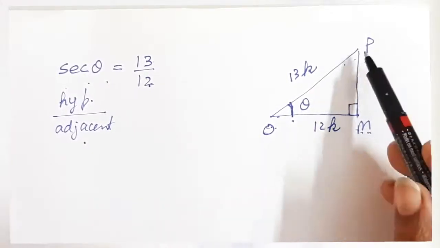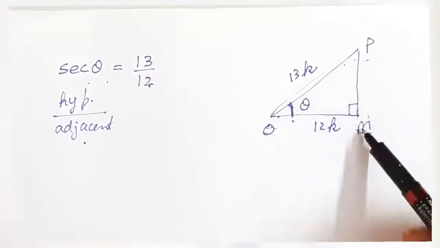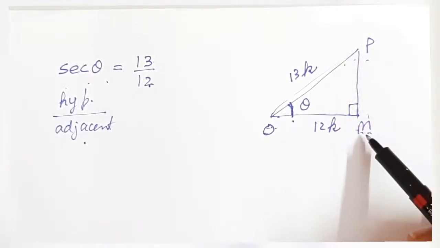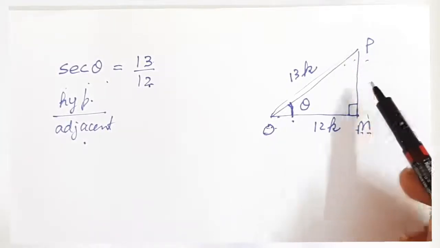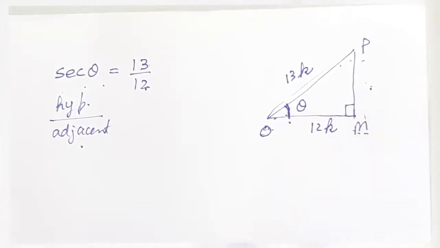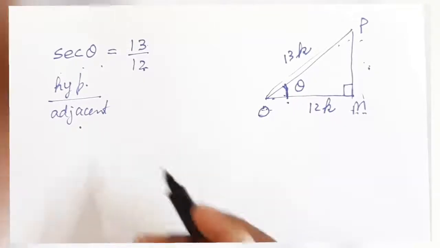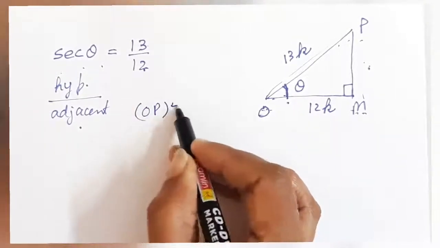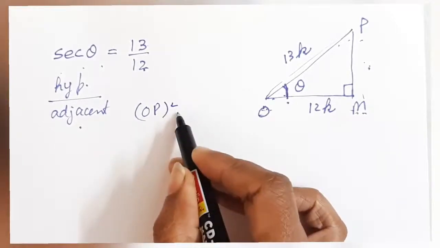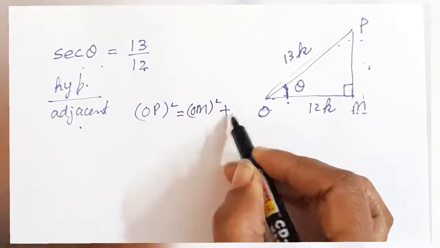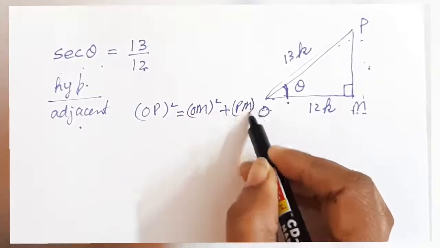Now by using Pythagoras theorem, let us find the third side of the triangle, that is the side opposite to theta. So now let us apply Pythagoras theorem here. That is OP square is equal to OM square plus PM square.